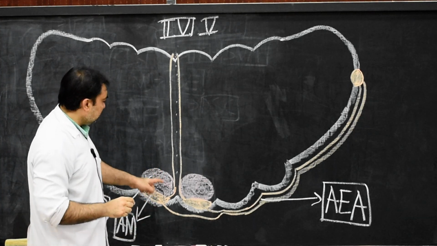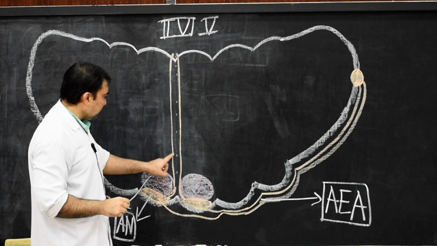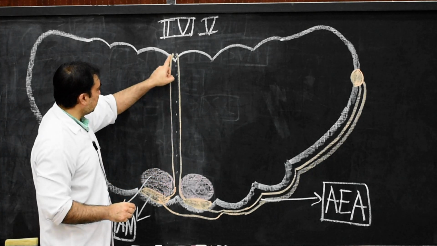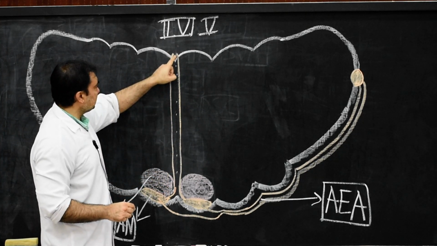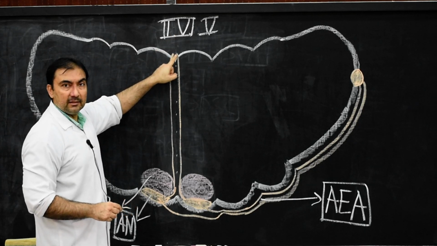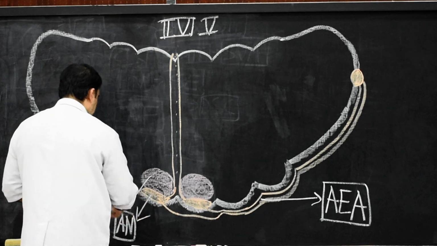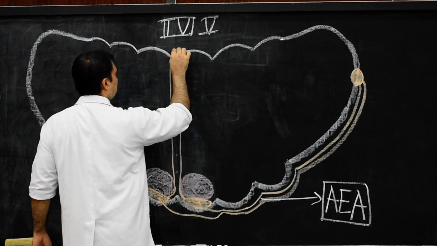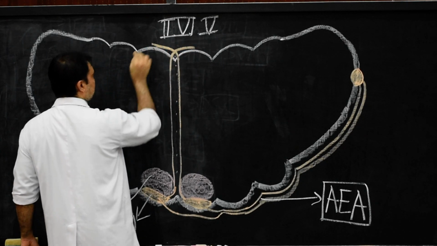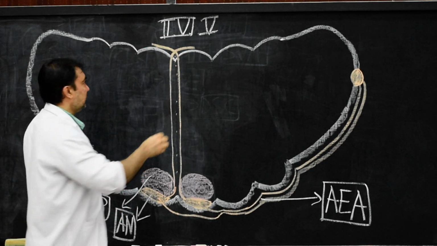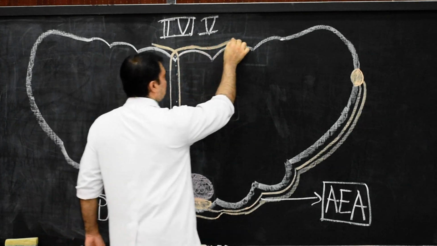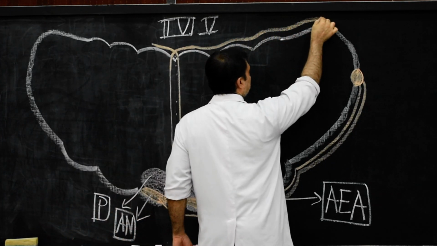So these are the fibers of the arcuate nuclei which pass dorsally through the medulla oblongata into the median sulcus of the fourth ventricle. They will cross in the median sulcus, right will go to the left and left will go to the right. And after crossing, these fibers will continue as stria medullaris.